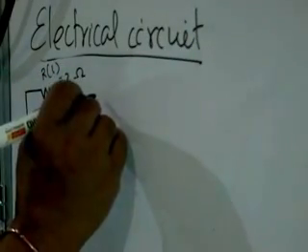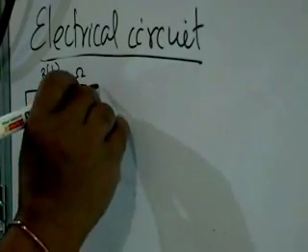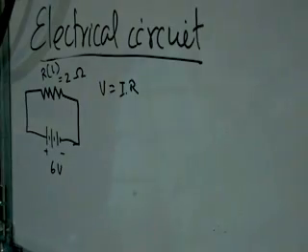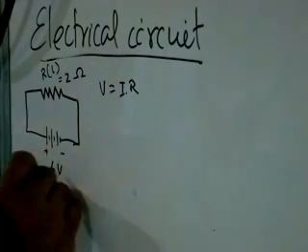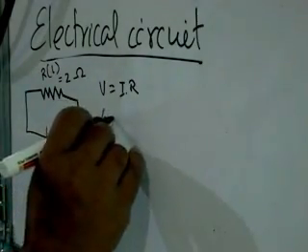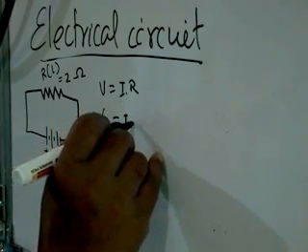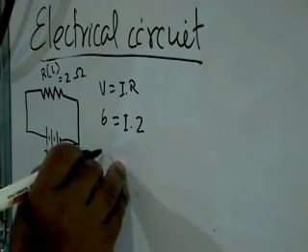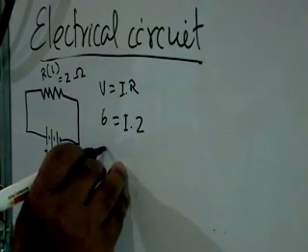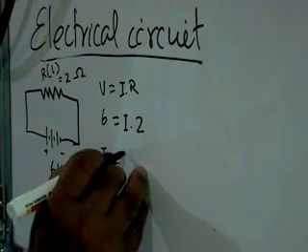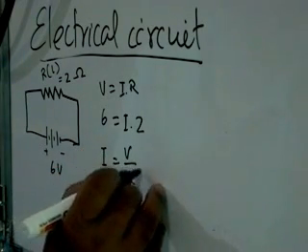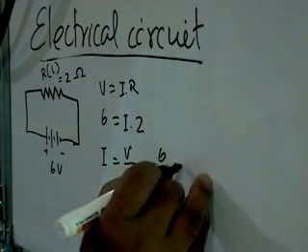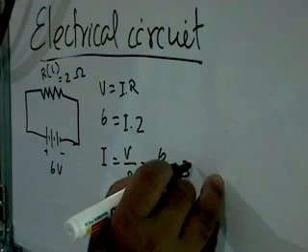Now the current will be, as discussed earlier, V is equal to I into R. So V here is 6 volt. 6 is equal to I into R, R is here 2. Or I is equal to V upon R, that is 6 upon 2, which is equal to 3 amps.